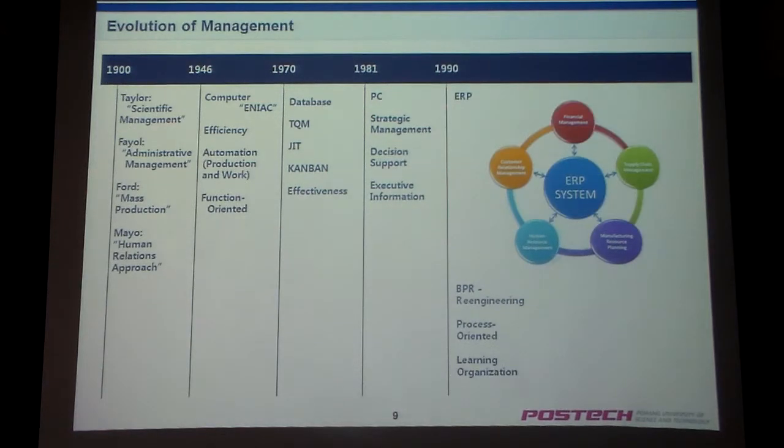And then in 1990, the ERP concept came in, and BPR. Michael Hammer, a former professor at MIT, introduced the business process re-engineering concept, and I think he published his very groundbreaking paper in Harvard Business Review, "Don't automate, obliterate."